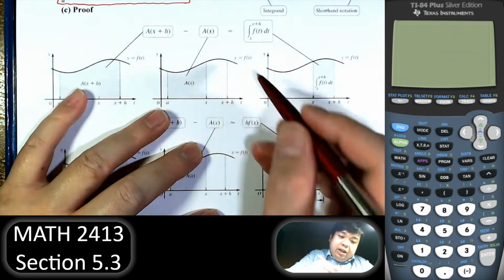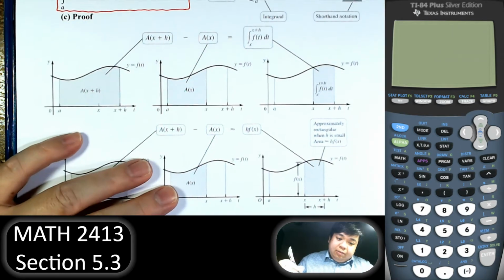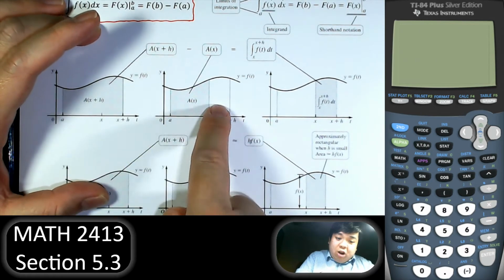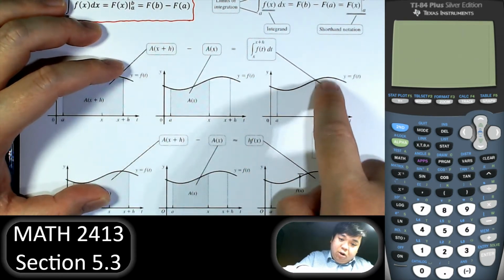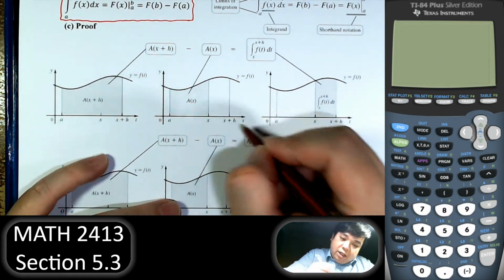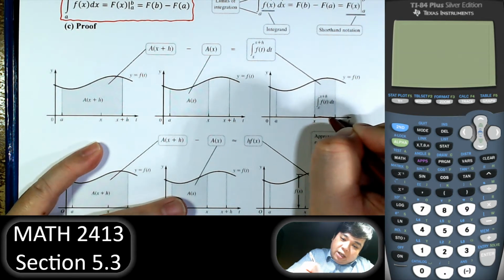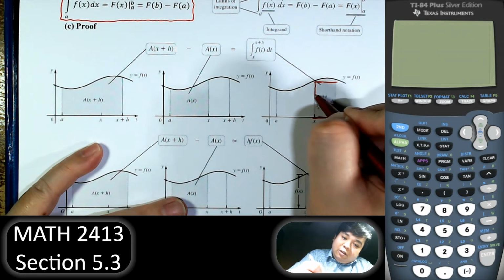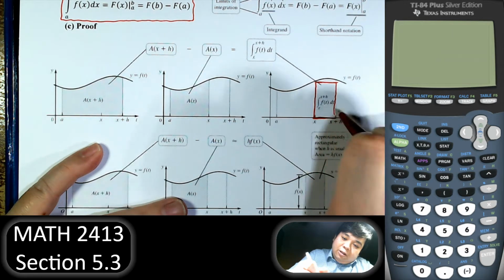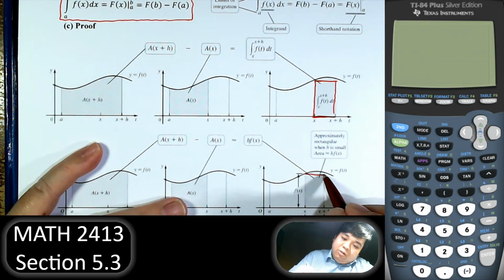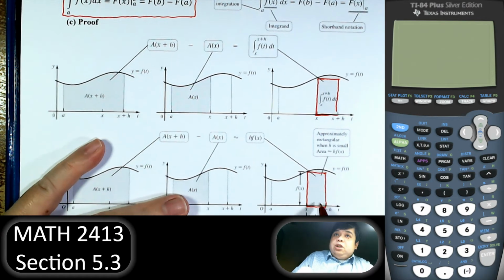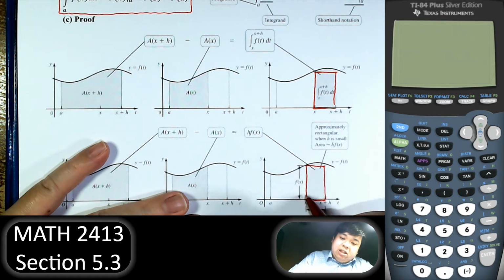That area here is estimated by a rectangle. Now we take that area, subtract this area, and we have this part. This part is estimated by this rectangle. h is the width and f of x is the height.